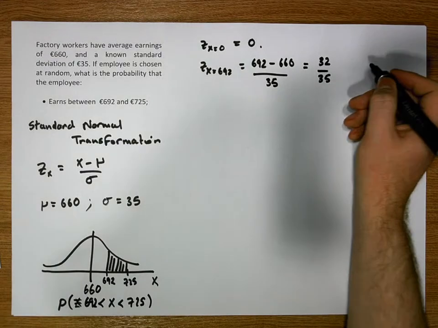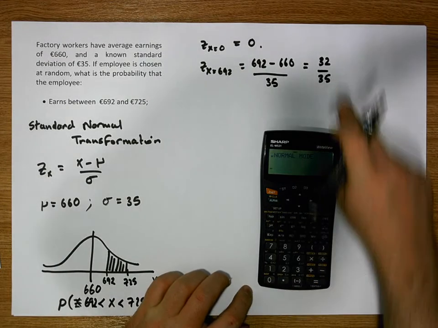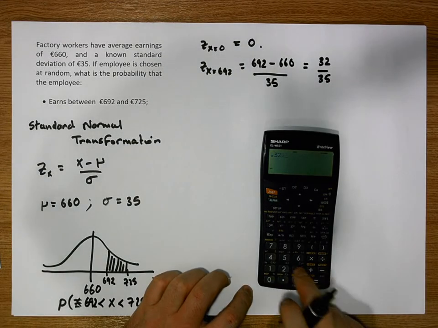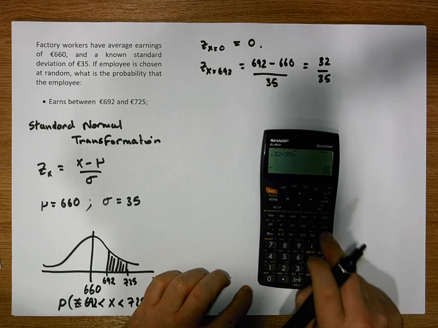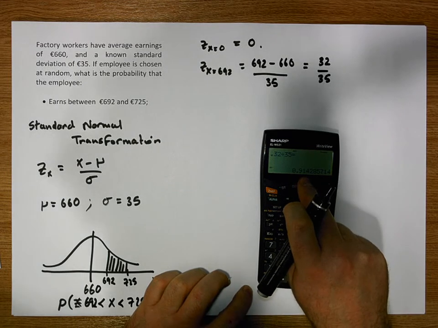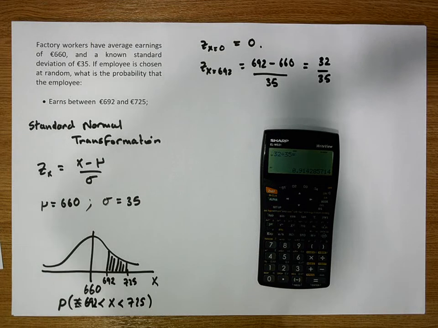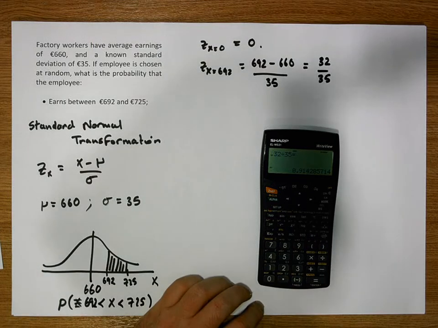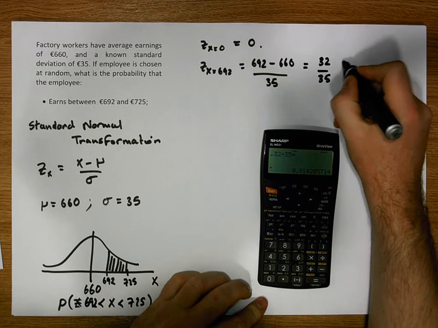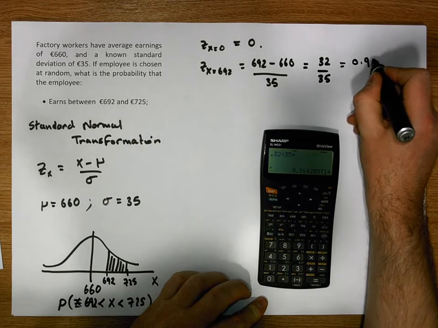Now when we have a look at this on our calculator, 32 divided by 35 gives us a value of 0.914. We know that our tables only give us probabilities to 2 decimal places, so we'll round this to 2 decimal places, which is equal to 0.91.